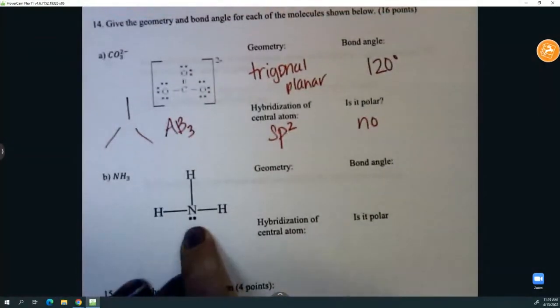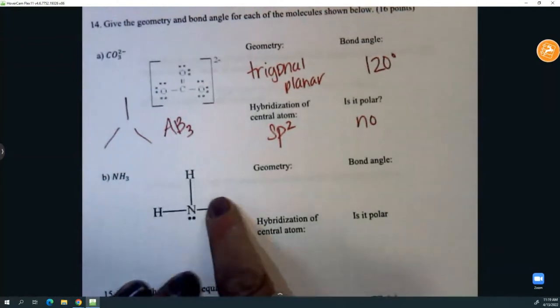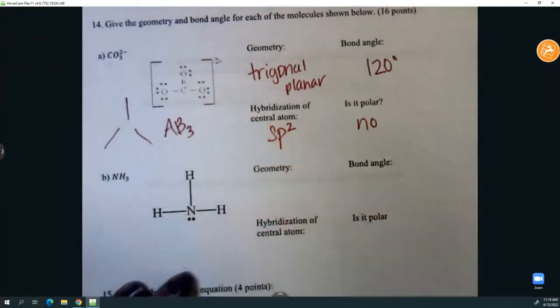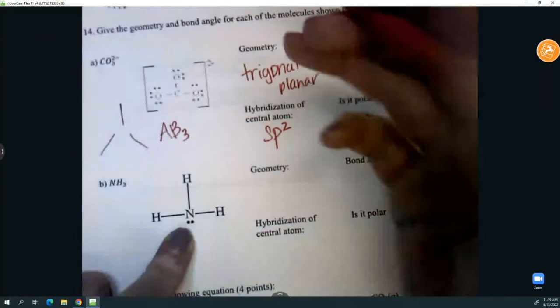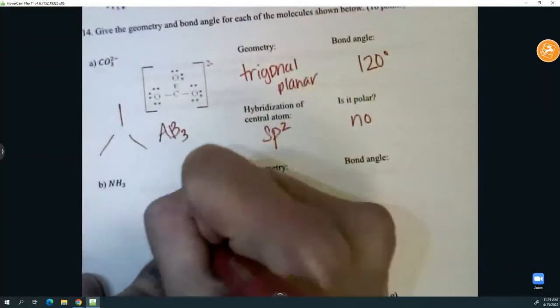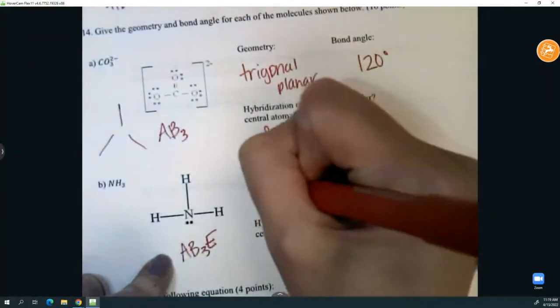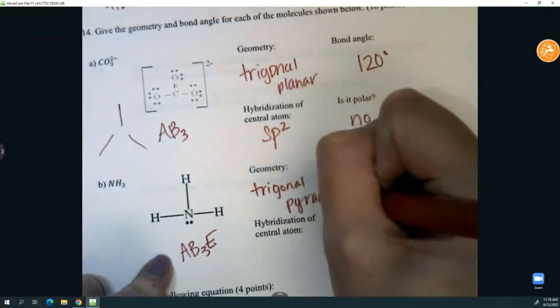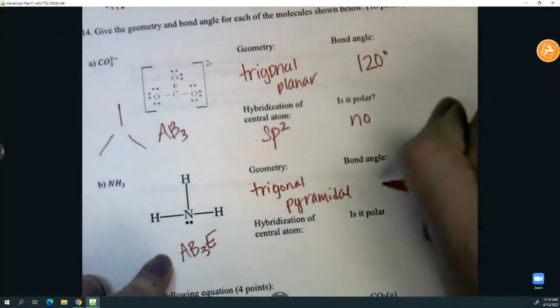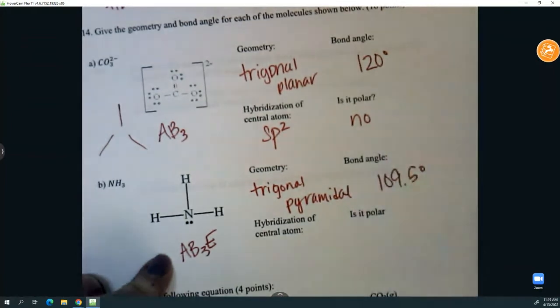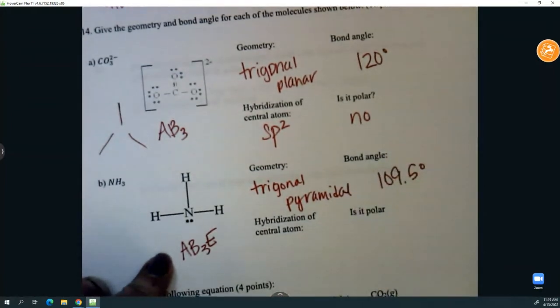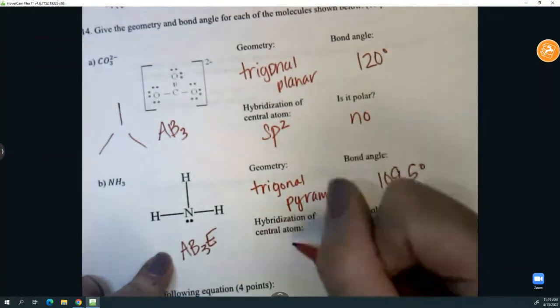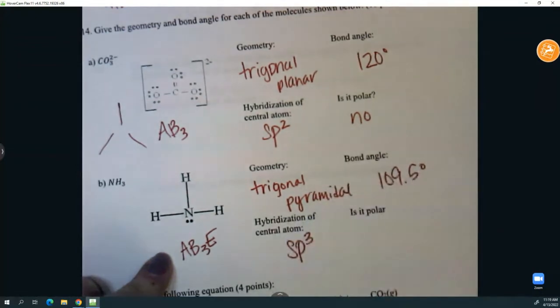Now, if I compare that to this one, which also has 3 things bonded to it, you might say they're the same, right? 3 things bonded, 3 things bonded. But here we have a lone pair. That makes all the difference. So this is AB3E. So this is trigonal pyramidal. Four electron groups is 109.5. 4 electron groups is S and then 3 Ps.